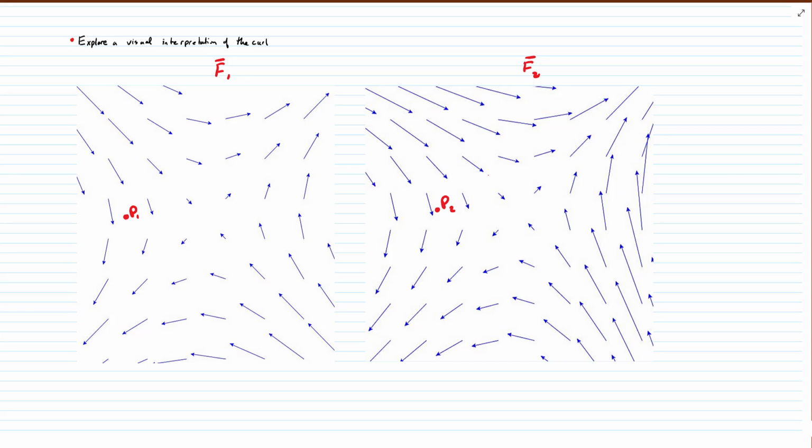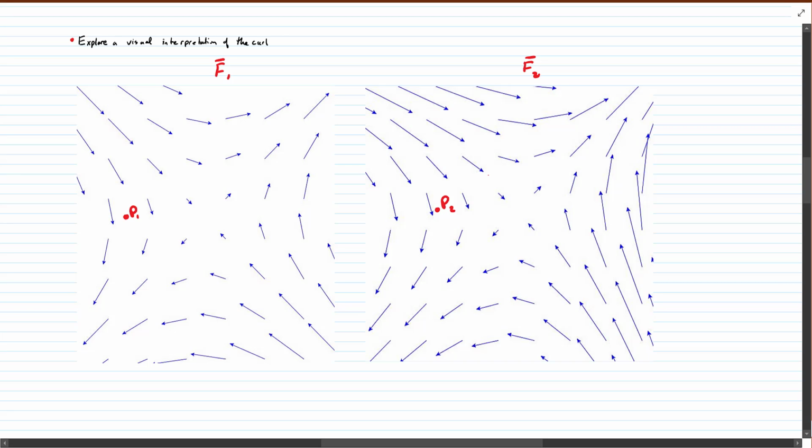It turns out that the curl of F1 at P1 is 0, and the curl of F2 at P2 is negative.